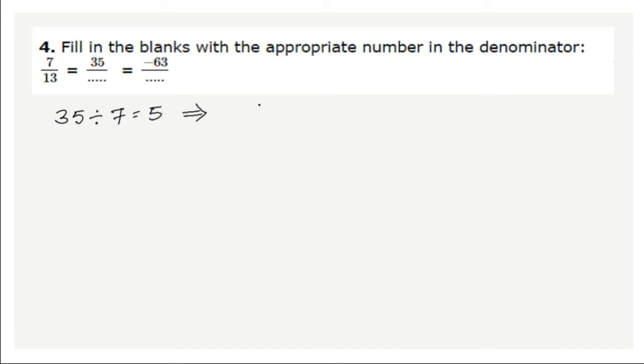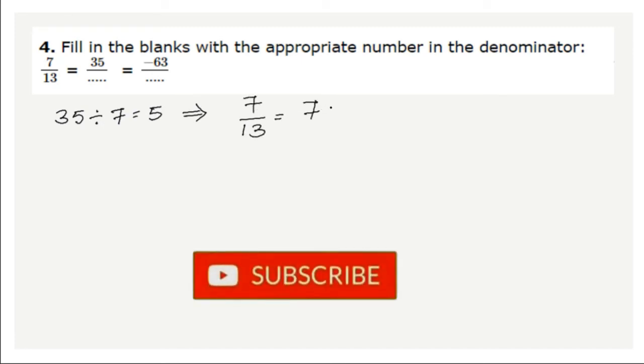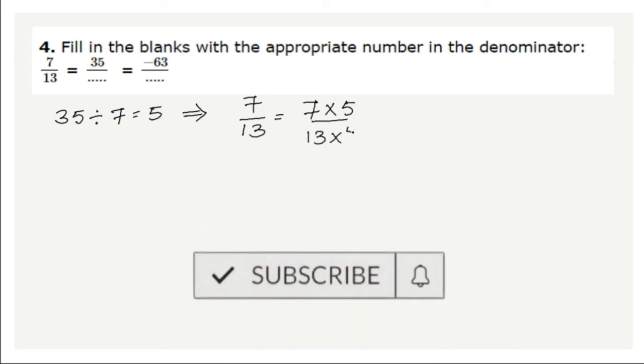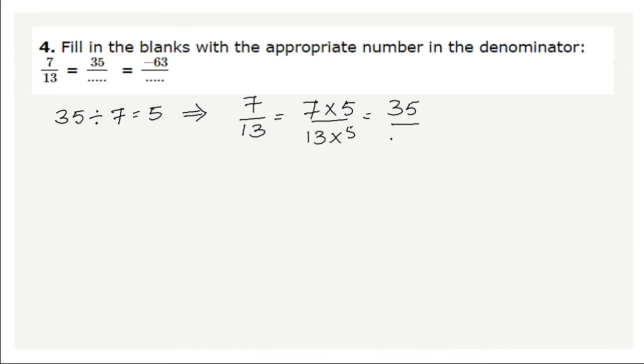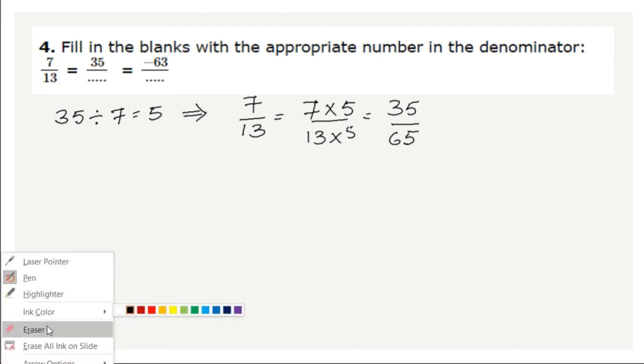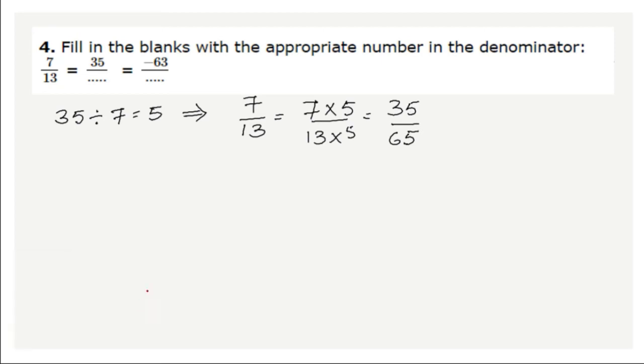This implies 7 by 13, on multiplying both 7 and 13 with 5, we get numerator as 35, hence the denominator is 65. So the first blank is 65.